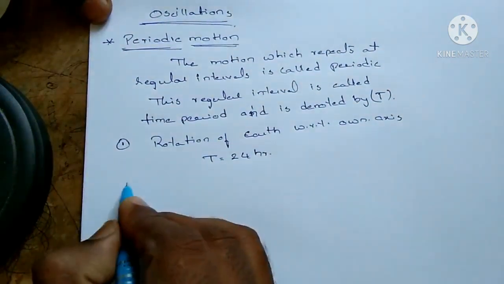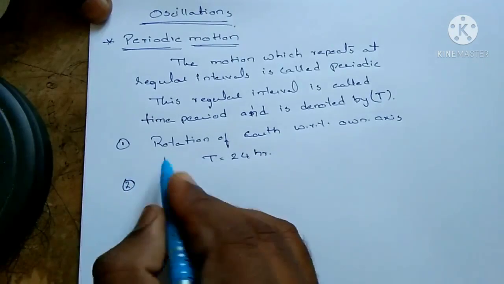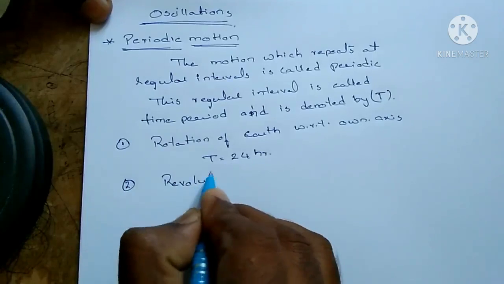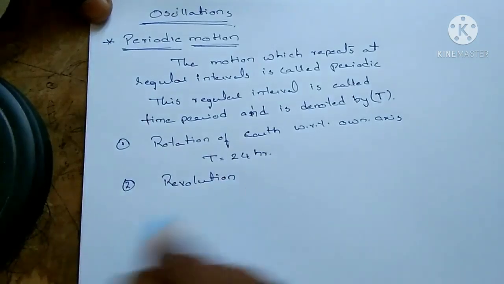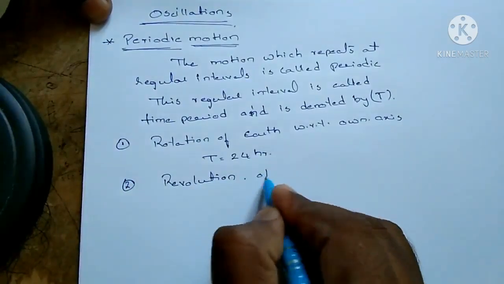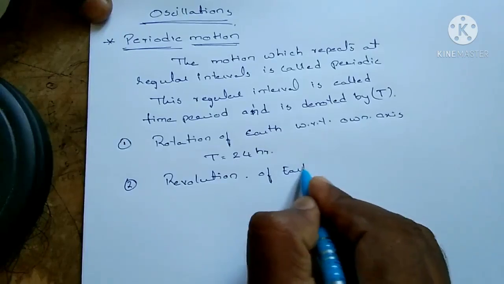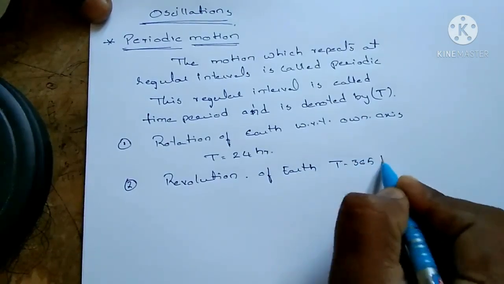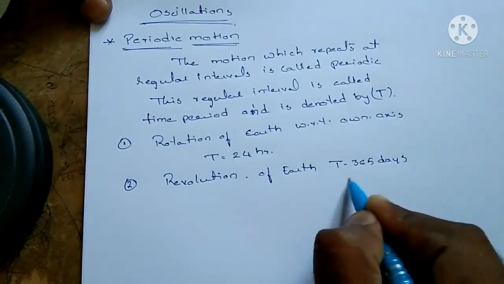Similarly, I can take the second example as the revolution of the earth with a time period of 365 days. We'll call it 1 year.